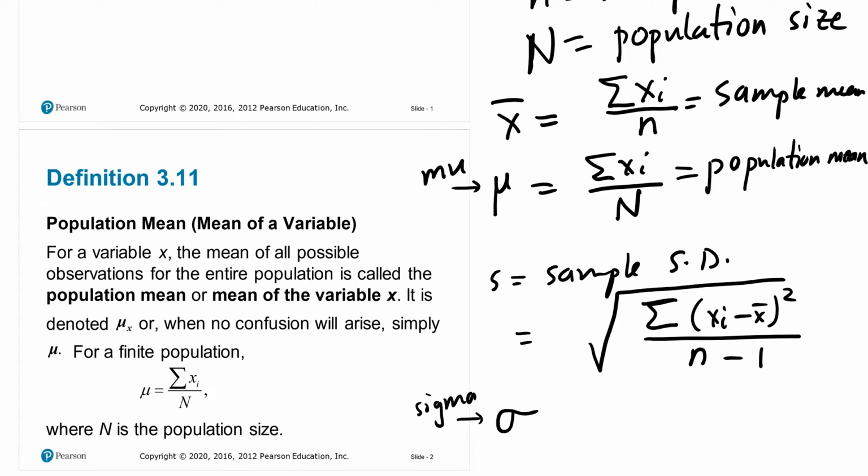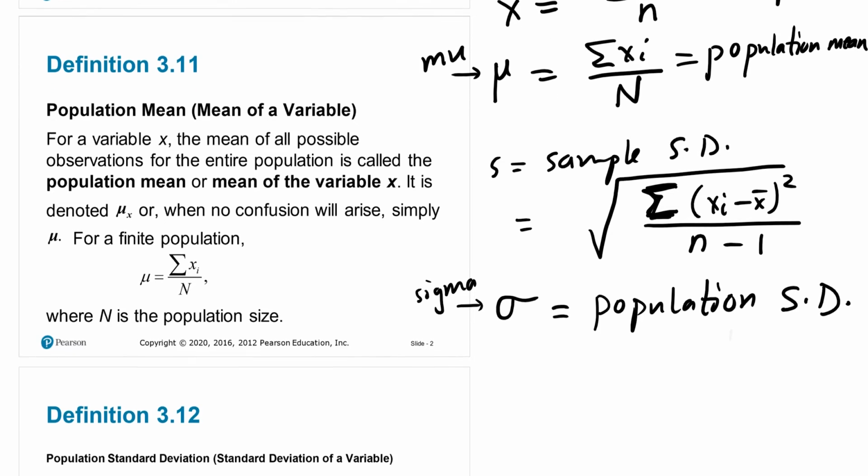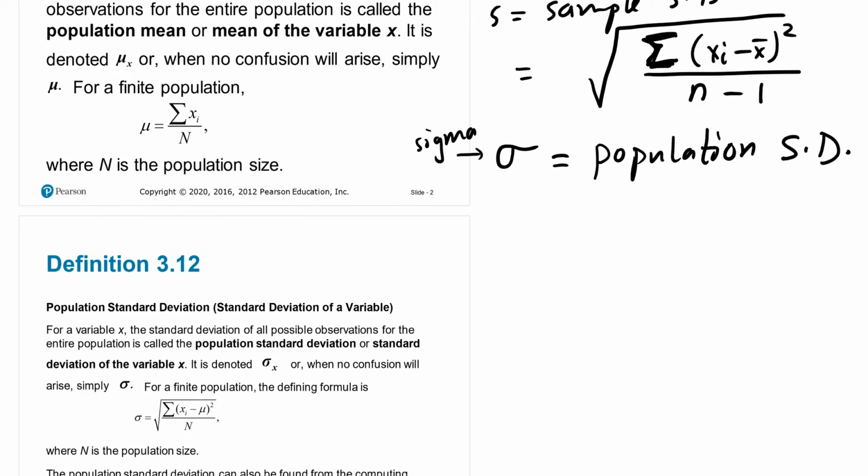This is the capital sigma, but this one is small sigma. It gives us the population standard deviation. And what's the formula for it?